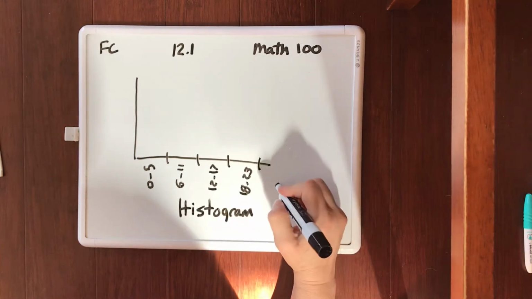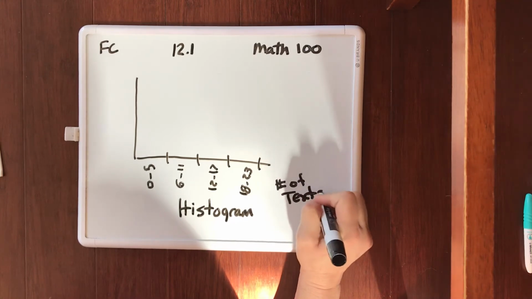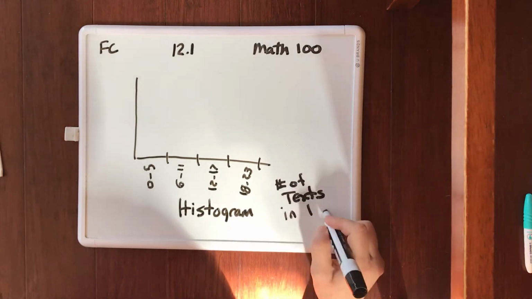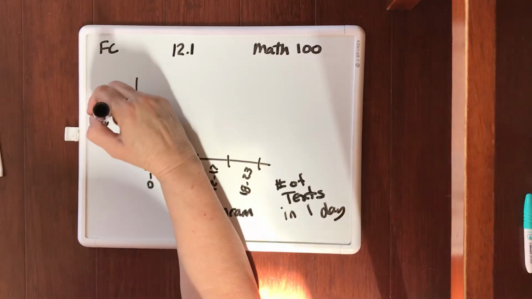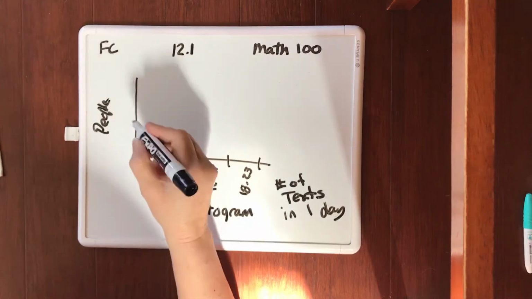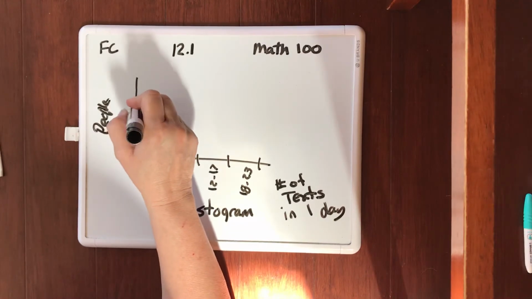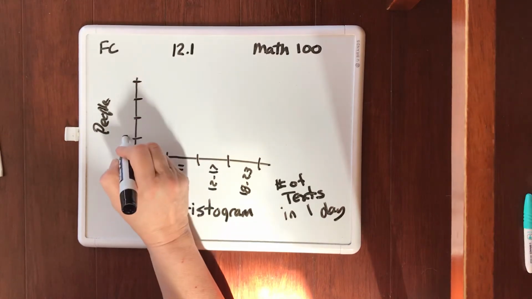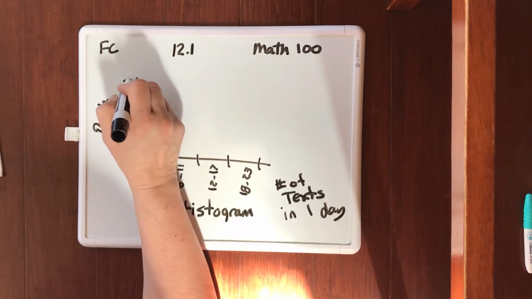And this is the number of texts made in one day. Okay. And then this is going to be our people, which is the frequency. How many people said that they did that? And since we have 20 as our maximum, I'm going to do them by 5s. 5, 10, 15, 20.